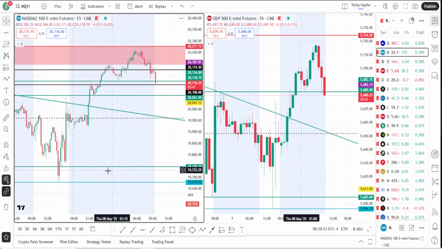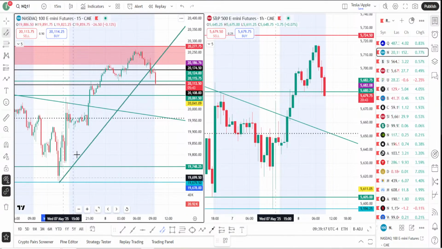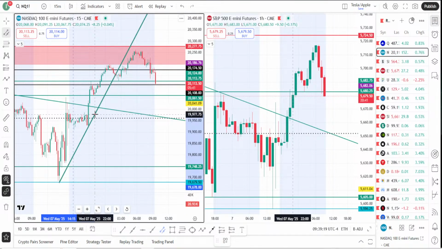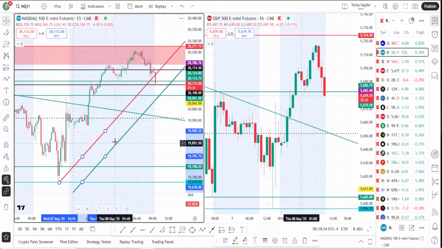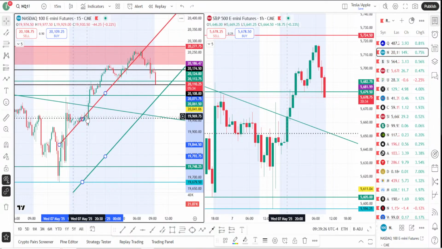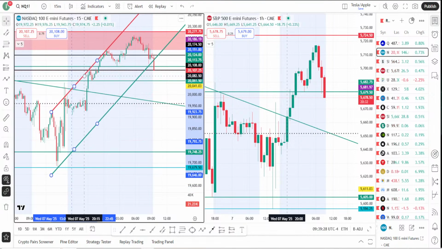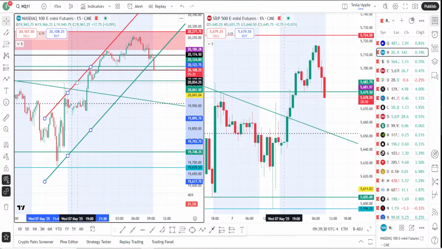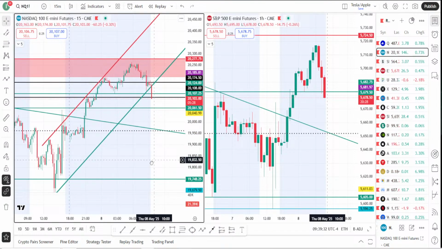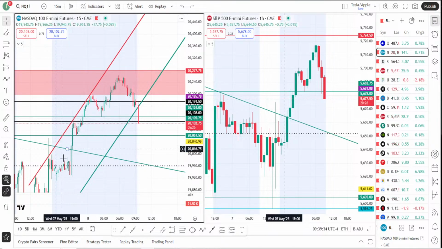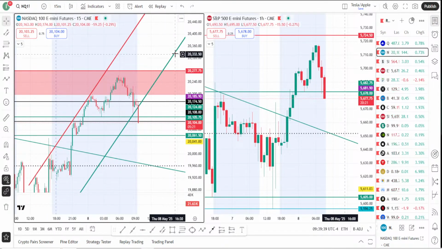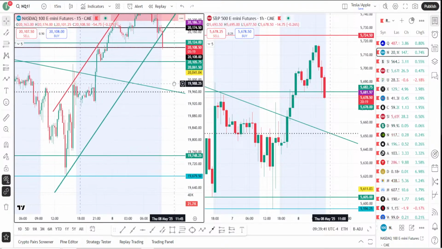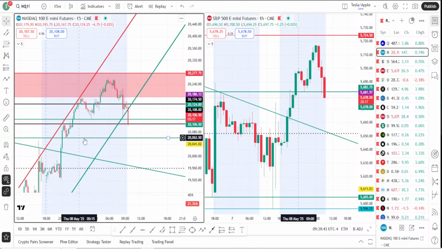All right, so now that we marked out support and resistance, let's see if we got any channels. Okay, that'll make sense. Okay, so we clearly broke this uptrend on the 15-minute time frame.